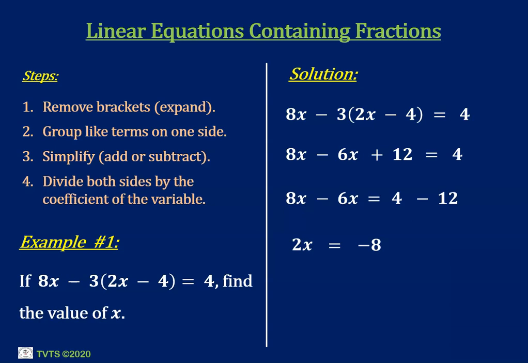At this point, we make the variable x stand alone by dividing both sides by the coefficient of x, which is 2. So we have 2x divided by 2 on the left hand side and negative 8 divided by 2 on the right hand side.